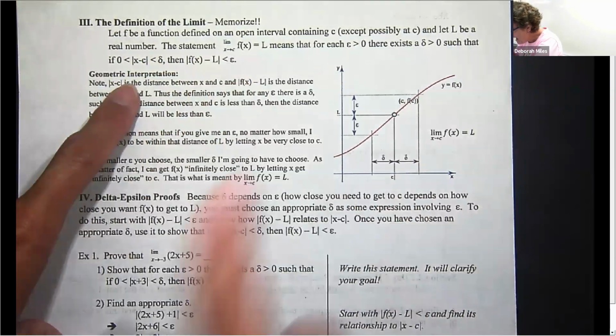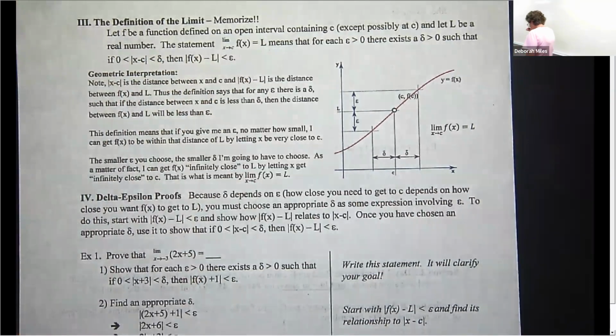You tell me how close you want f of x to be to the limit L, and I can find a tiny enough delta such that if the distance between x and c is less than delta, then the distance between y and L will be less than epsilon. Now, that's a lot to soak in.